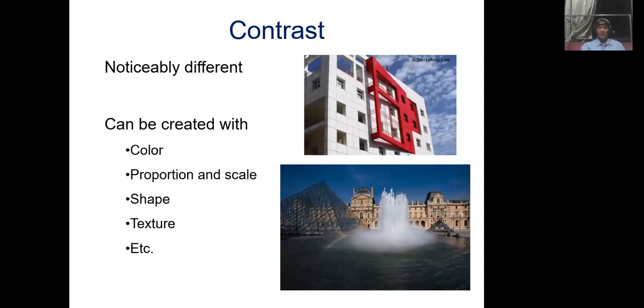So that can be created using color, proportion and scale, shape, texture, etc. Even with the designs and the color choices in motorcycles, for example, if you have an all black motorcycle with very small or thin lines of yellow or neon green, it creates a particular contrast with that color. And somehow indirectly that creates emphasis on those colors as well.